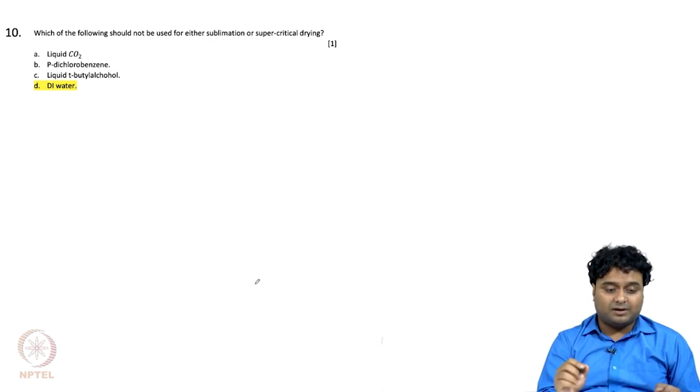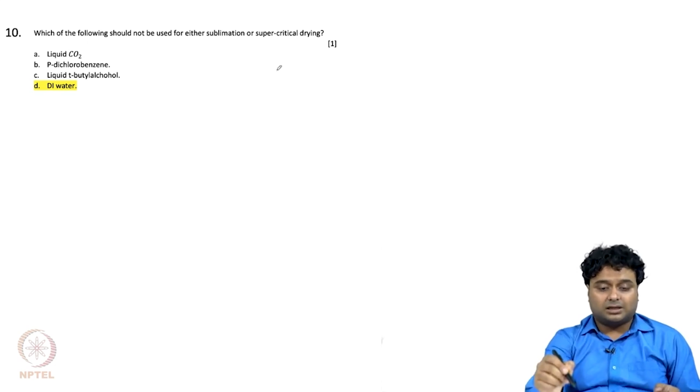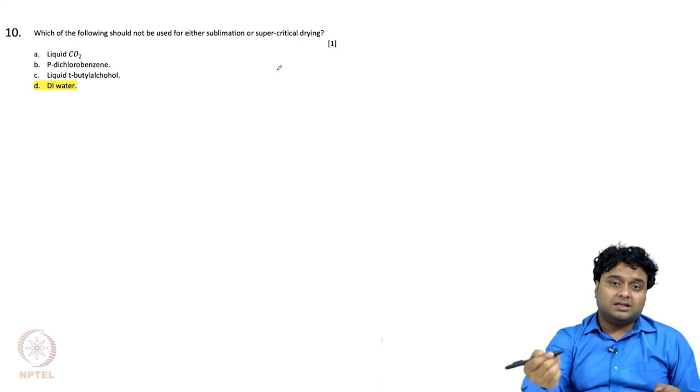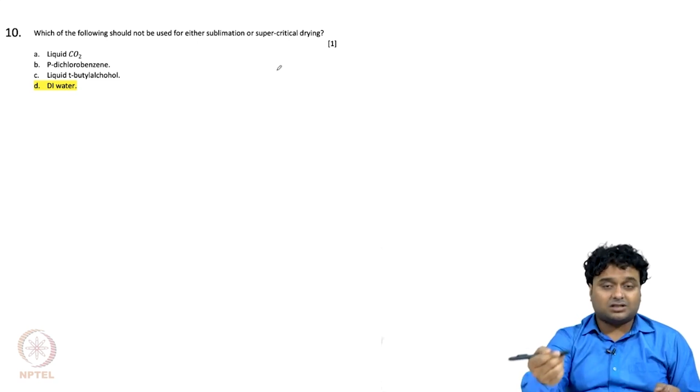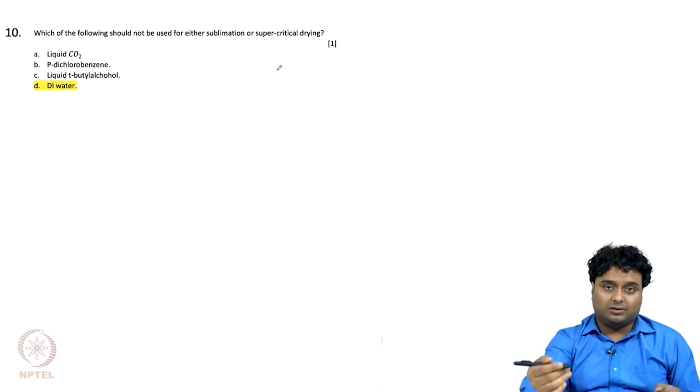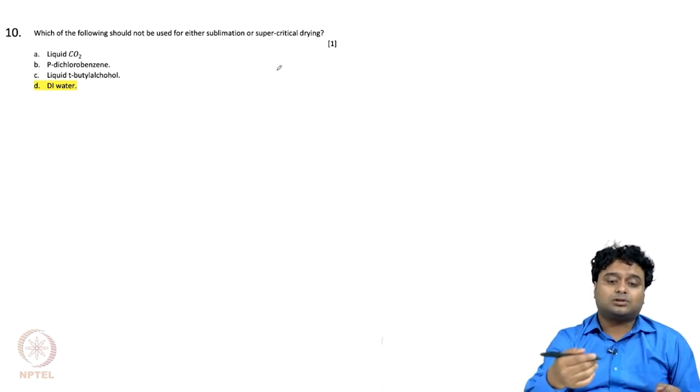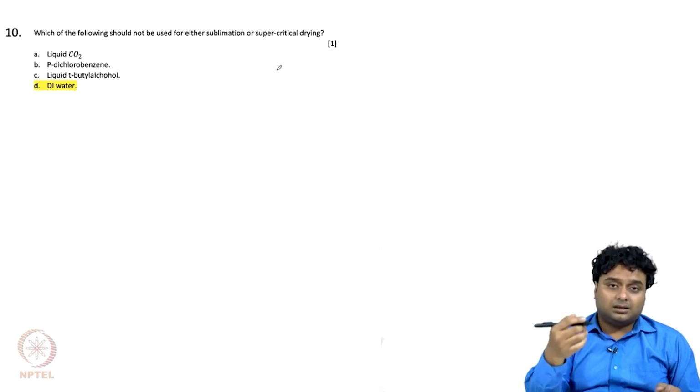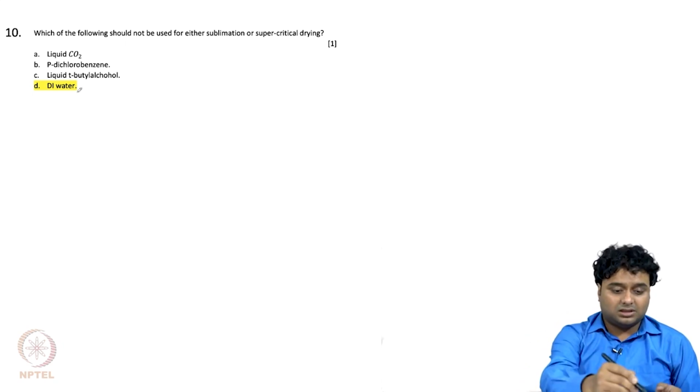So you need to be very careful about that, because I think some of you have confused that DI water is also used for sublimation and supercritical drying, which is not true. DI water comes from the etching steps before. We start with DI water because the sample was already inside DI water. Now our goal is to use sublimation or supercritical drying or some other technique so that it will not get stuck. So this is the correct answer.